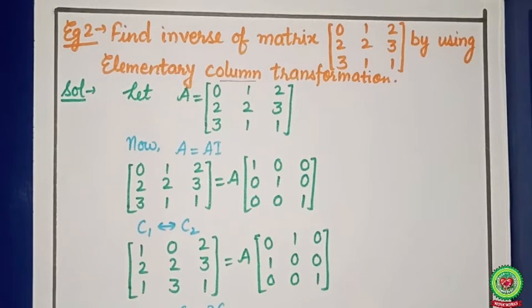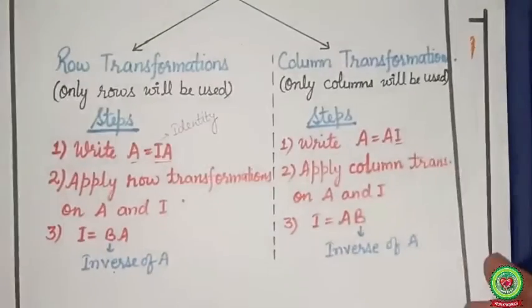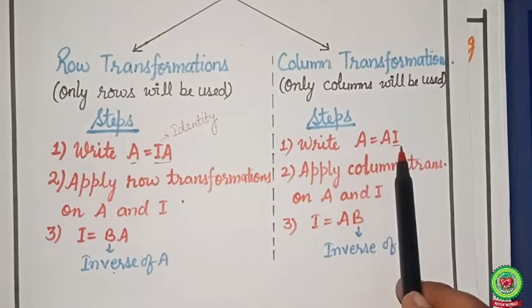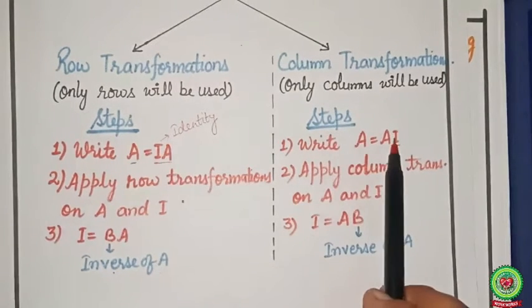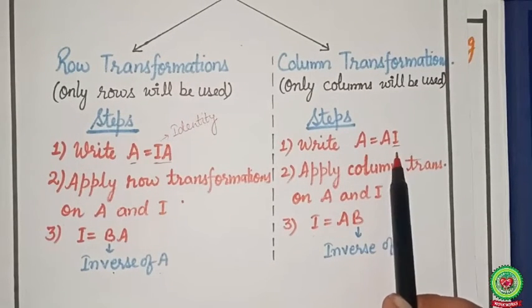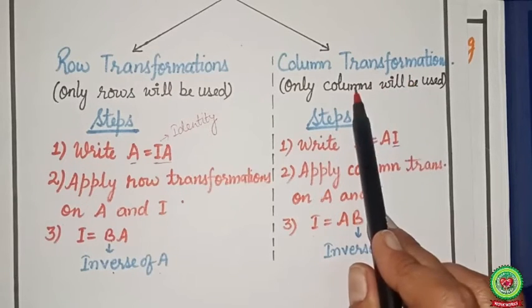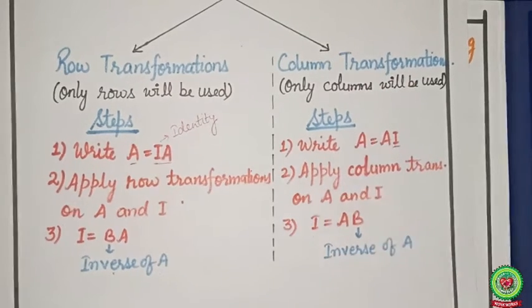So recall the steps we have discussed for the column transformation. First, we have to start with the equation A equals A into I. This is the difference between the row and the column method. And secondly, here we will apply the column transformation only. So columns will be used, no row will be used here.